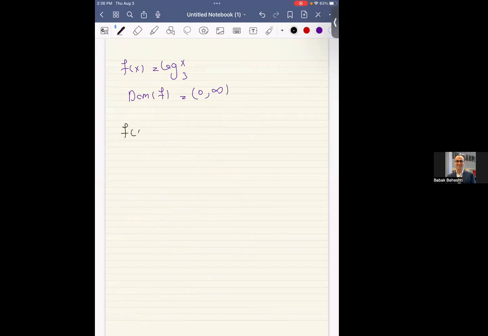If you have f of x equal to log of x minus 1, what is the domain of this graph?